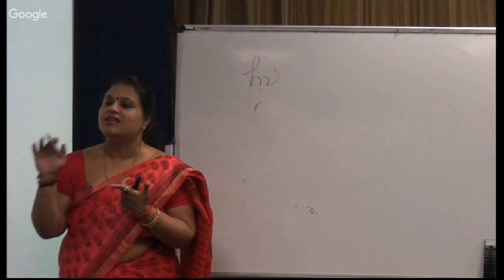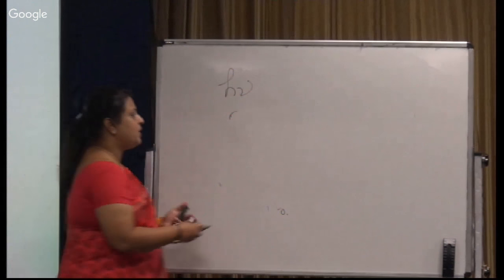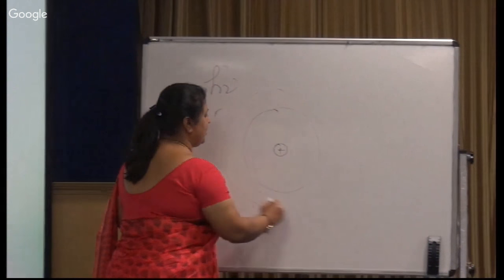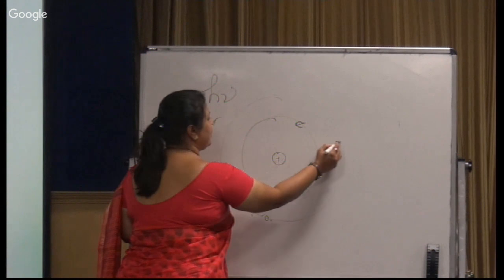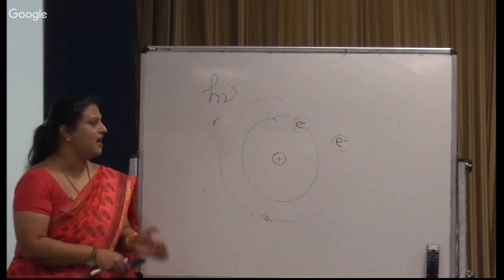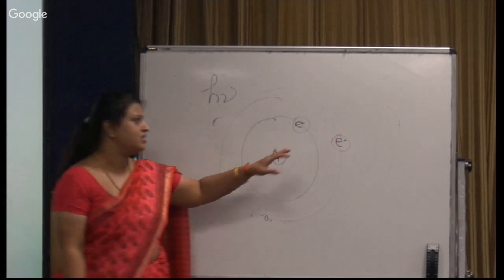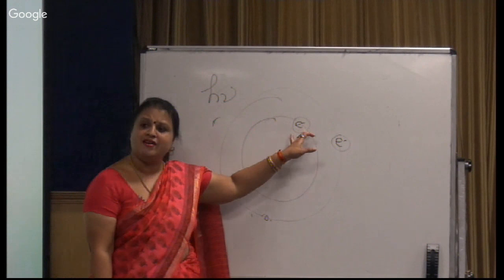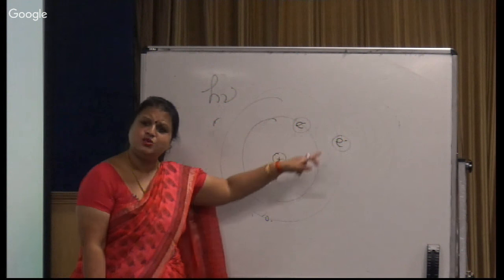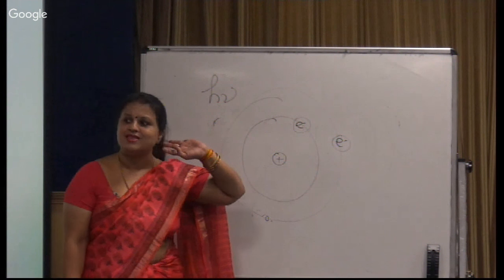But as long as they are in the same orbit, they will neither lose energy nor absorb any energy. So we have the nuclei in the center, electrons revolving around the nuclei in fixed orbits. As long as this electron remains here, it will neither radiate nor absorb any energy. It will remain here only. That is the stationary state.